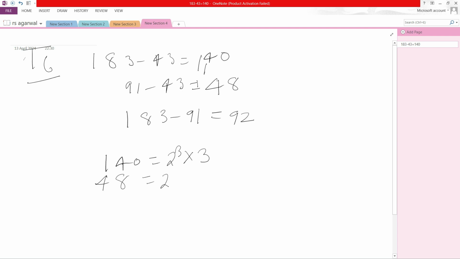So 48 is equal to 2 into 2 into 2 into 2. No, a bit wrong here.